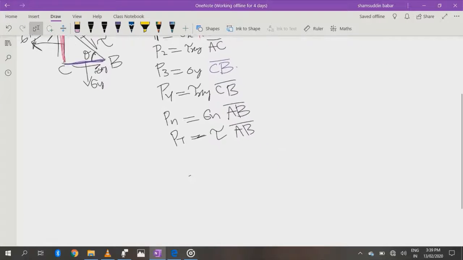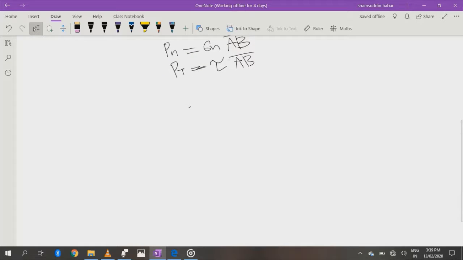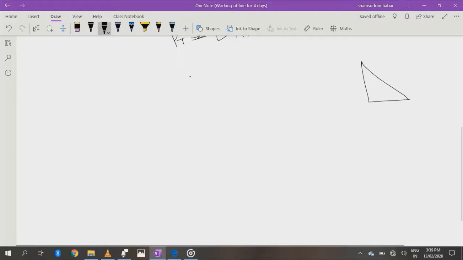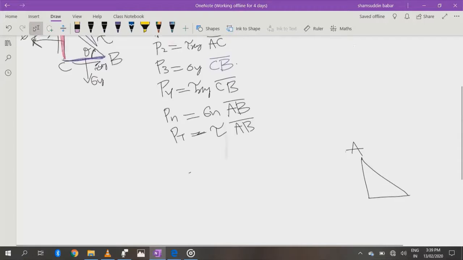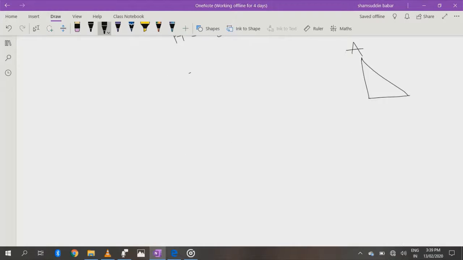Now what will I do? I will redraw the figure. For example, I am redrawing the figure here. Now I know this is my A, this is my B and this is C. Now I will resolve all the forces that I showed in the above figure into normal and shear.